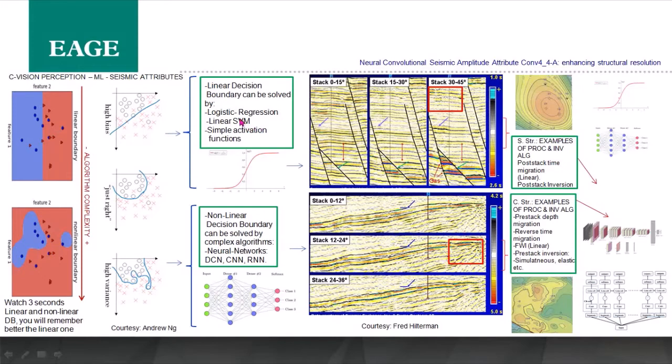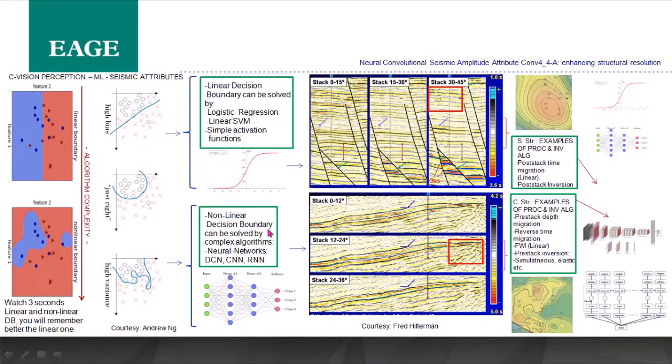in deep learning, for instance for linear boundaries, we have that linear decision boundaries can be solved by logistic regression, linear support vector machines, simple activation function, sigmoid logistic regressions.